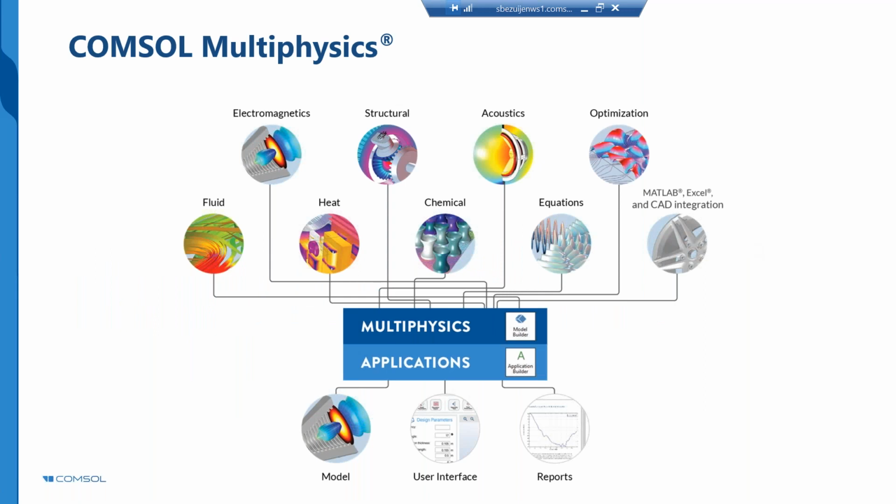COMSOL Multiphysics is a package that allows you to model your scientific or numerical model using one of the available interfaces, and our product is so-called modular based. We have various physics branches like fluid flow, heat transfer, electromagnetics, structural mechanics, chemistry, and acoustics.